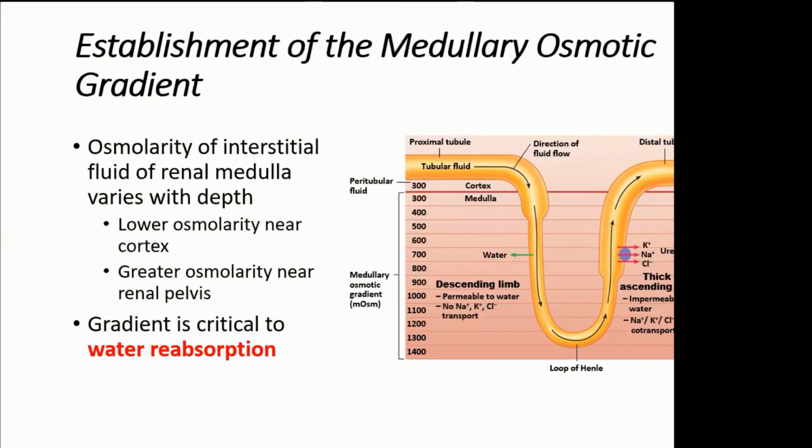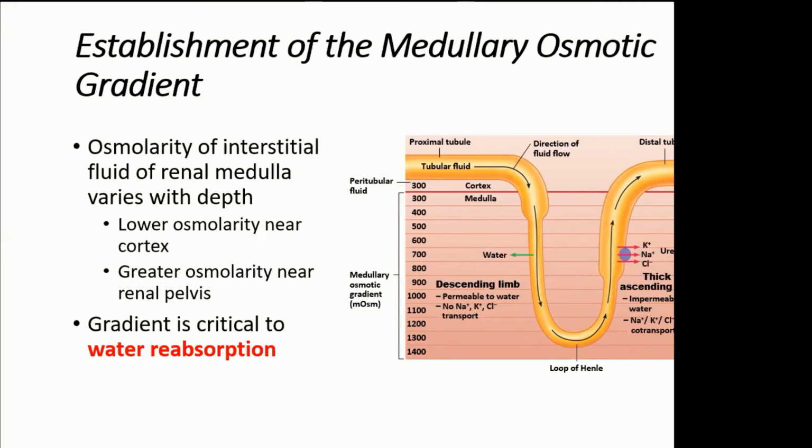osmolarity. So near the cortex, near the outside, we're going to have lower osmolarity than we have deeper in the medulla. So as you get towards the renal pelvis, which is the place where everything's leaving the kidney, that inside bend, there's going to be greater osmolarity, so potentially a greater pull on water in that location.